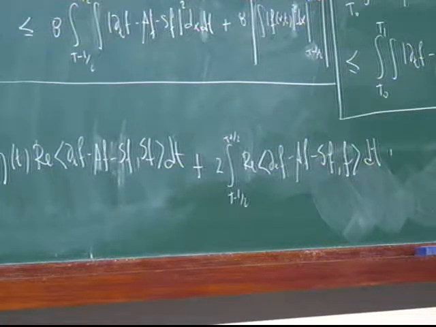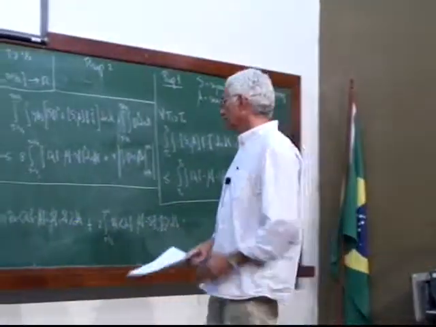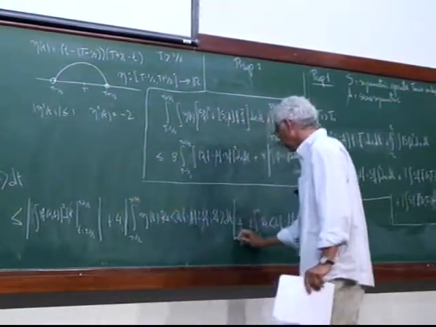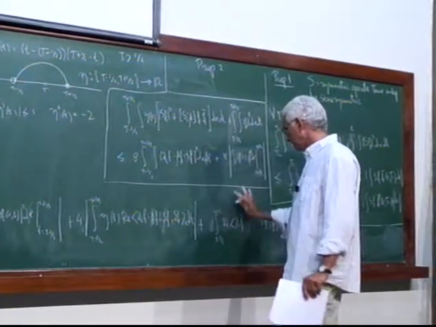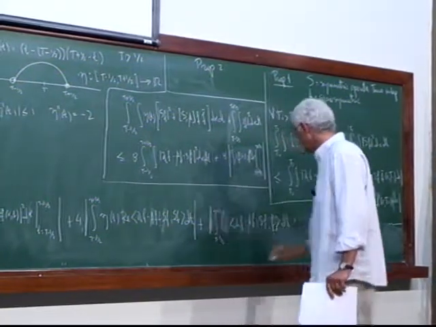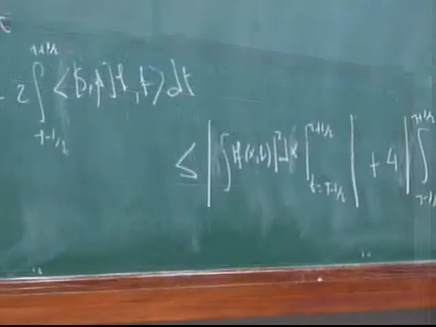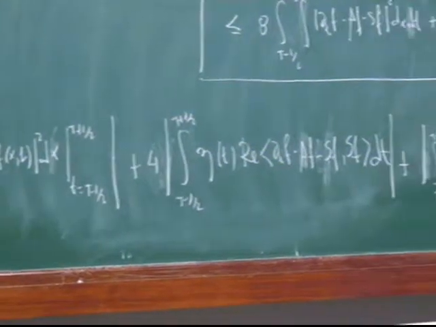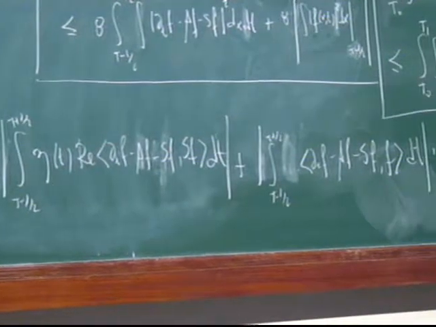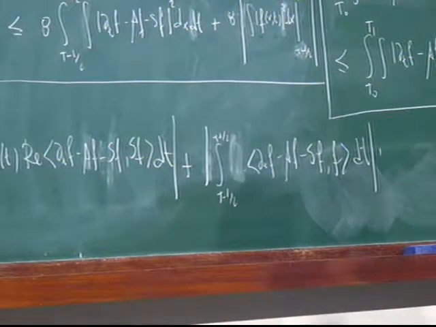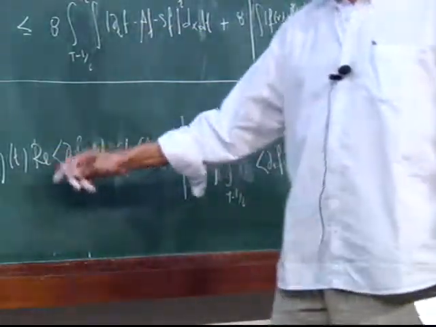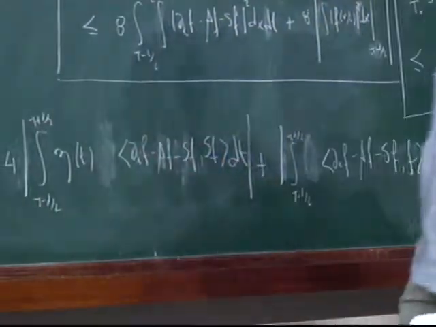This one? Okay, put absolute value. Okay, you can take the real part out and put absolute value. Everything go to the other side. Okay, what is exactly that we want? We want this, only this part to appear. Forget the real part because you put absolute value, you can forget the real part.